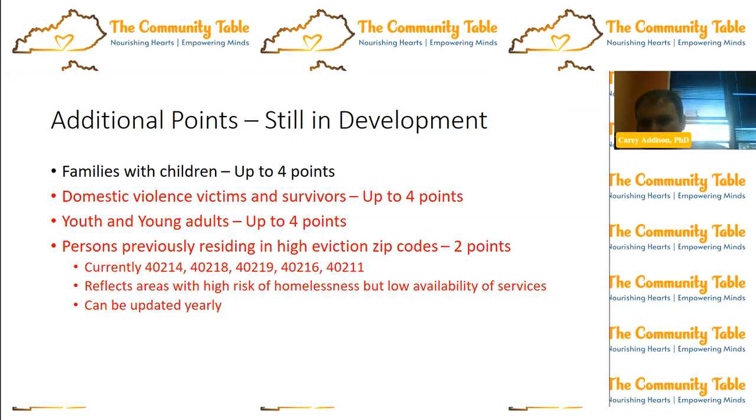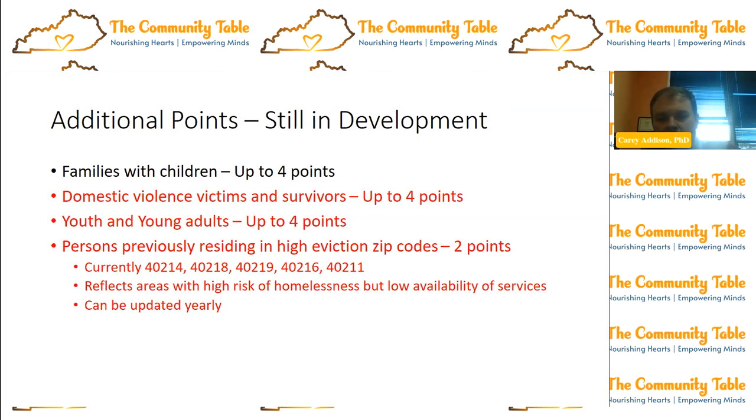Also, from an equity standpoint, we're developing a means of helping reflect the vulnerability and elevate the prioritization of people who have not been represented, especially in communities of color that may not readily have access to the services downtown, or face a lot of barriers in housing, especially in the neighborhoods they live.